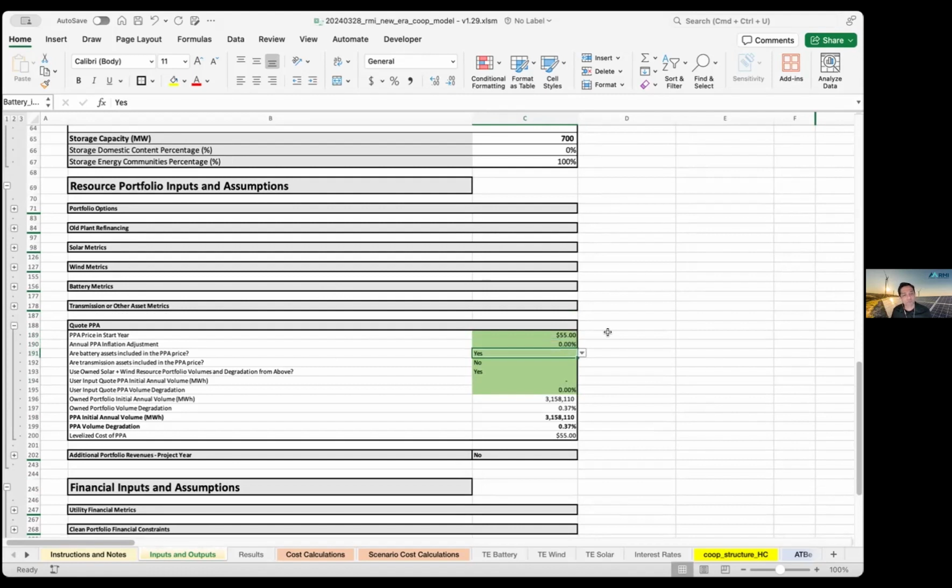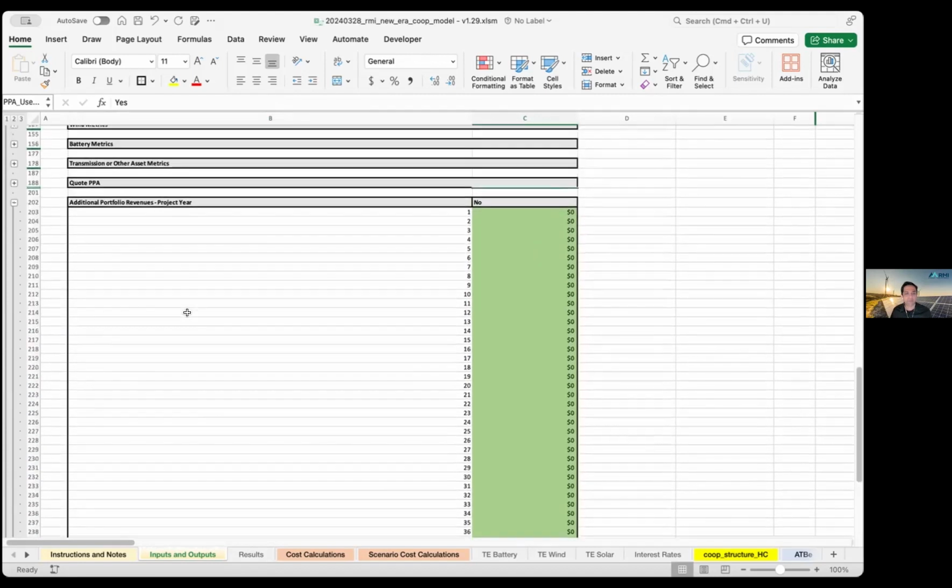You can make some choices about whether the batteries are included in the PPA price or not, similarly on the transmission, and whether you want to use the same resource assumptions that are made in the solar, wind, and battery sections, or whether you'd like the quote to have its own resource assumptions, including PPA annual volume and degradation that is different from those assumed for the assets that you would purchase.